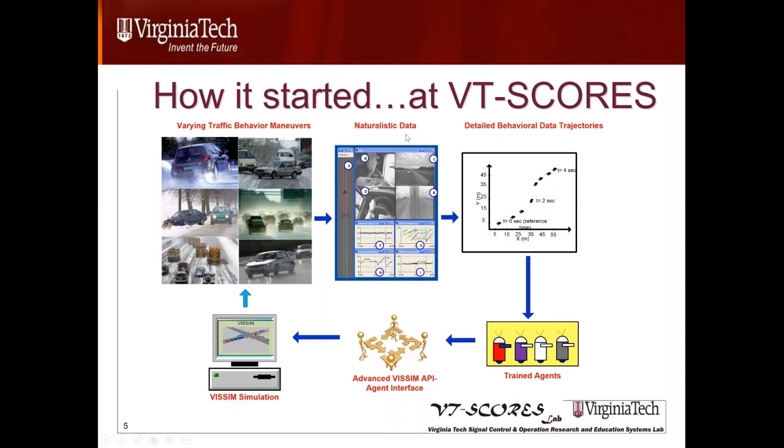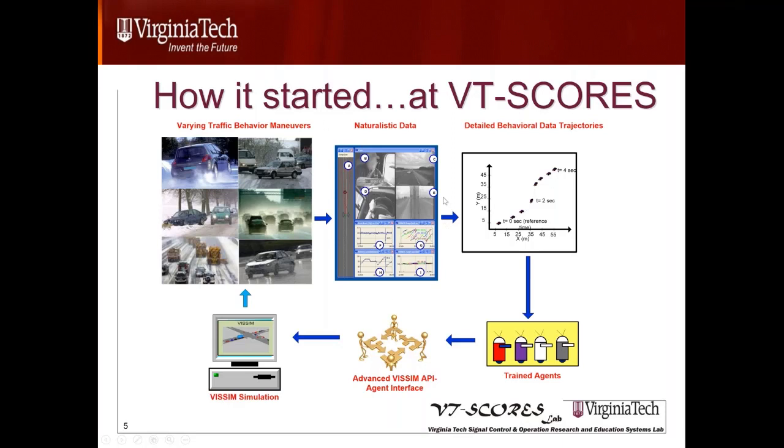Naturalistic data started by providing a selected set of drivers with instrumented vehicles for a year, and they asked them just to drive, and all the data was collected. So there was a wealth of data recorded at the time.